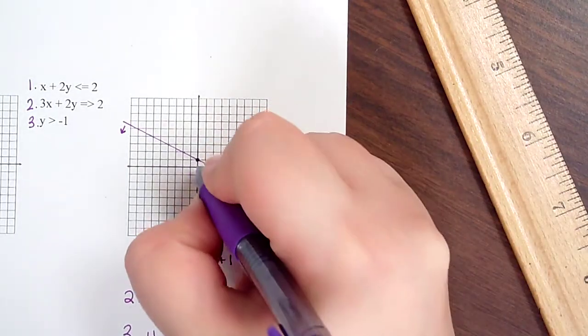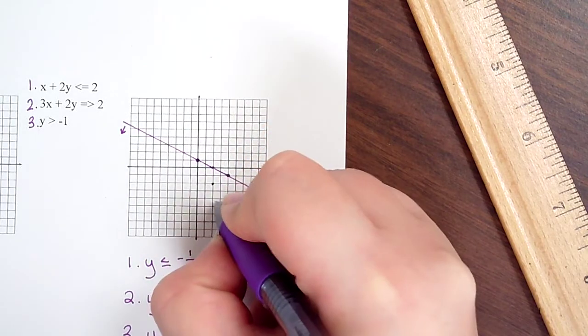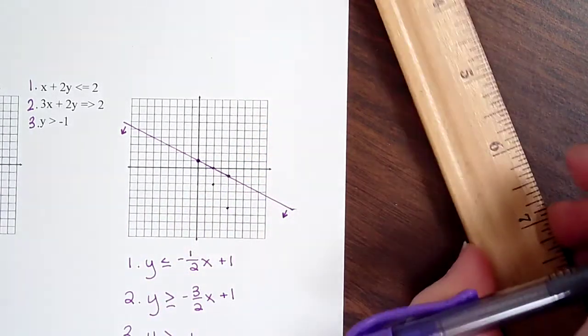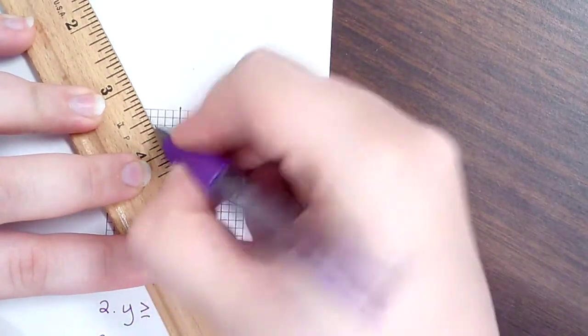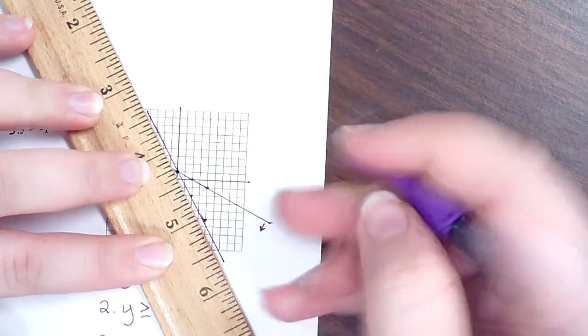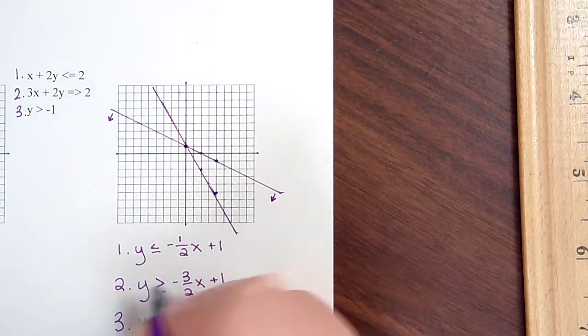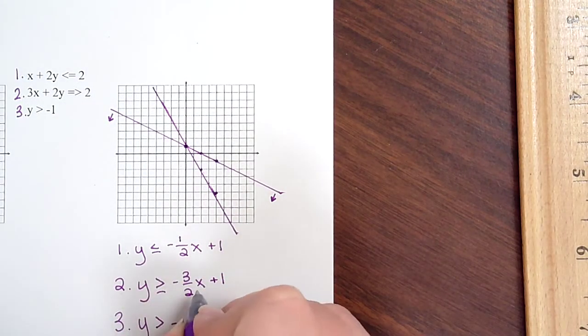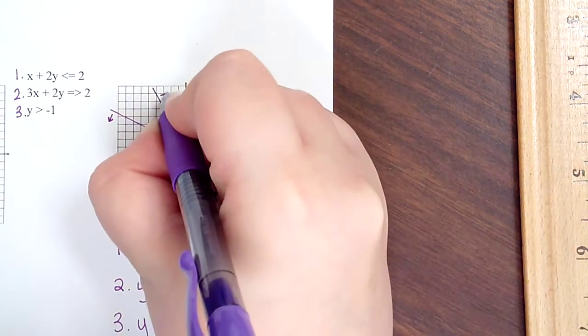Let's graph that second one. This one starts at 1, 1, goes down 3 over 2, down 3 over 2. That one's also a solid line. When I test 0, 0, which is on the left side of that line, it's 0 is greater than 1. That is not true, so I point away from 0, 0.